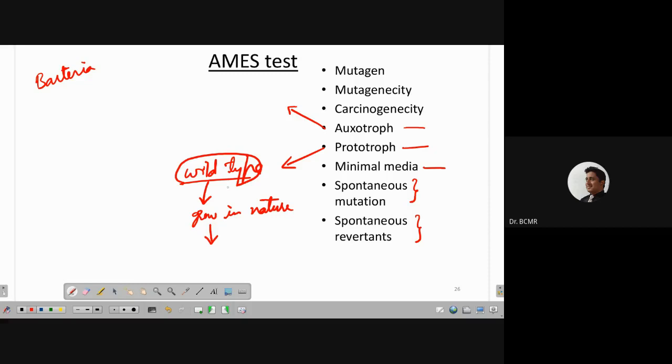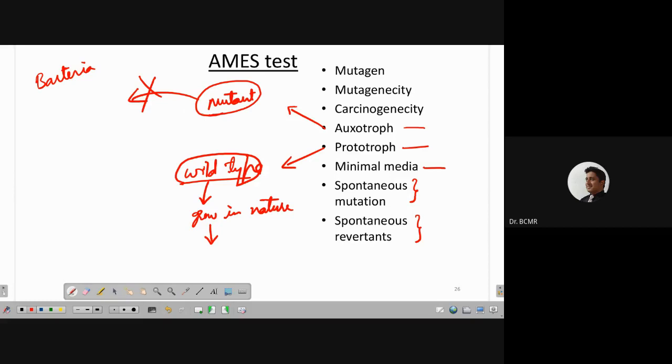Then what is an auxotroph? An auxotroph here is a mutant. That means it has lost one or more genes and therefore cannot synthesize something. So if you put this in nature, it will die because it has lost, for example, the ability to synthesize some amino acid, or the ability to metabolize lactose.